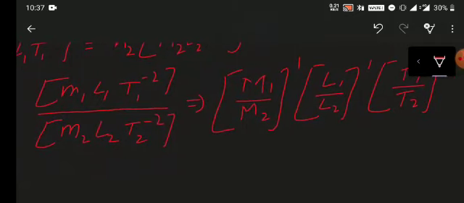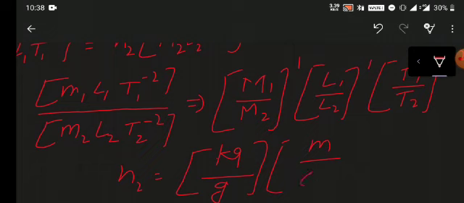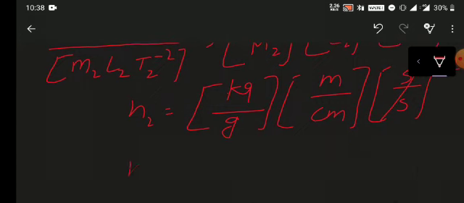Now convert the values in a respective form. We know that M1 having a kg, and M2 in the form of gram, length in form of meter, L2 is the form of centimeter, and this one both are in the same dimension second, the minus 2. Now we know this is the cancel out. But if you want to compare these things, then you have to convert kg in a gram. You know that this is a 1000 gram upon gram.